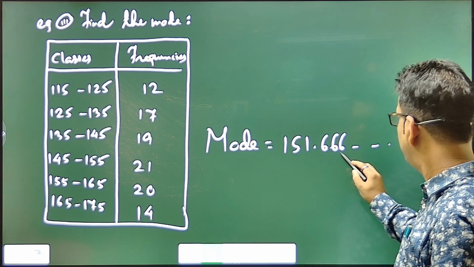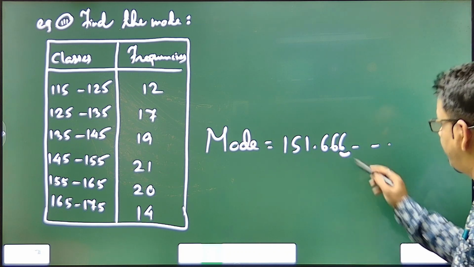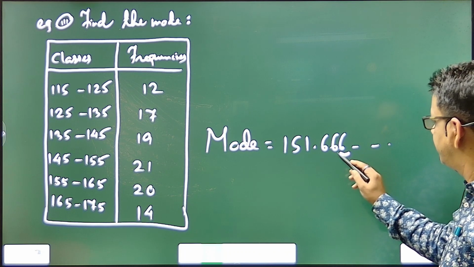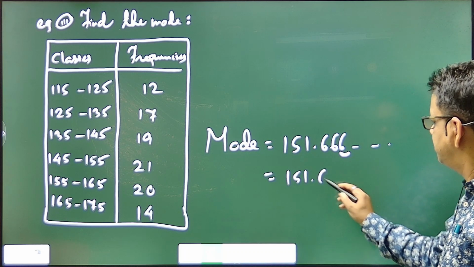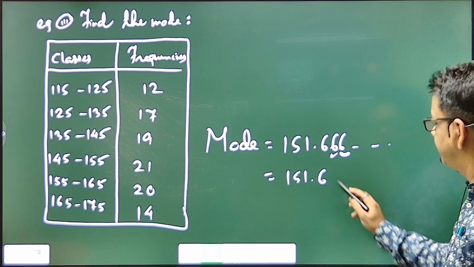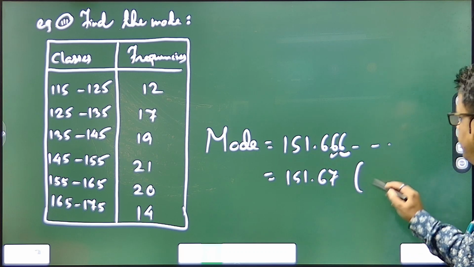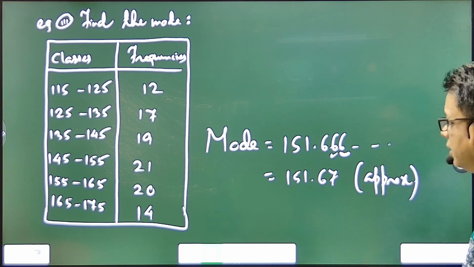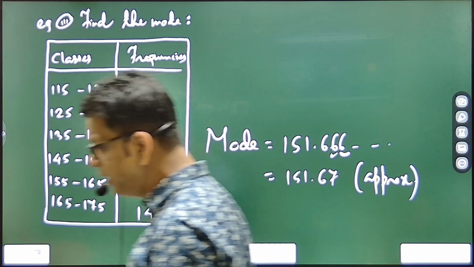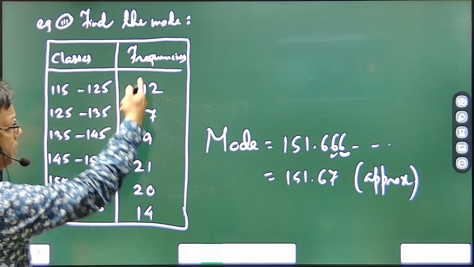If the digit is 5 or above, then when you round it off it becomes 151.67. This is an approximate answer, not the exact one, and you will have these options directly. Looking at your answer, it was wrong.